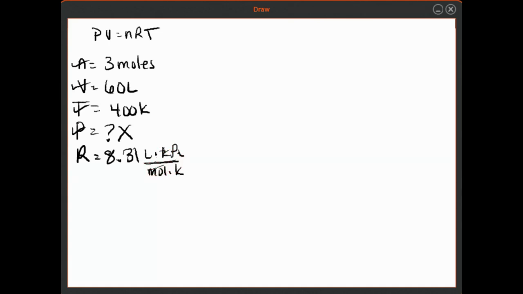So now that we have all of our variables, we can solve this problem. Now remember, we don't do anything with this. This is just the unit for the gas law constant R. So our pressure here is what we're looking for. Our volume is 60 liters. Number of moles, that's 3.